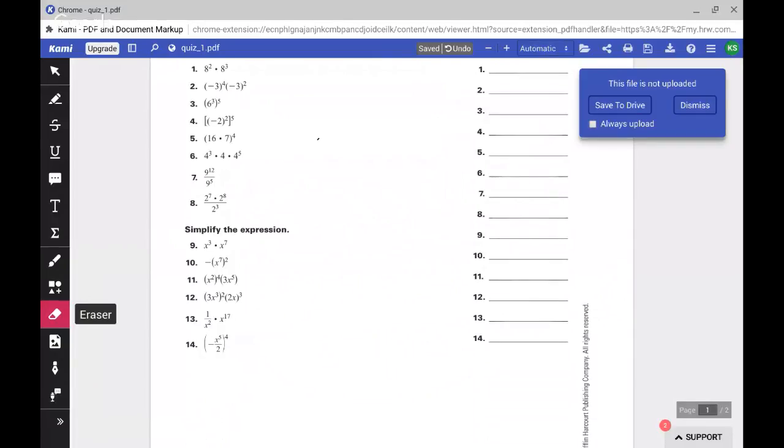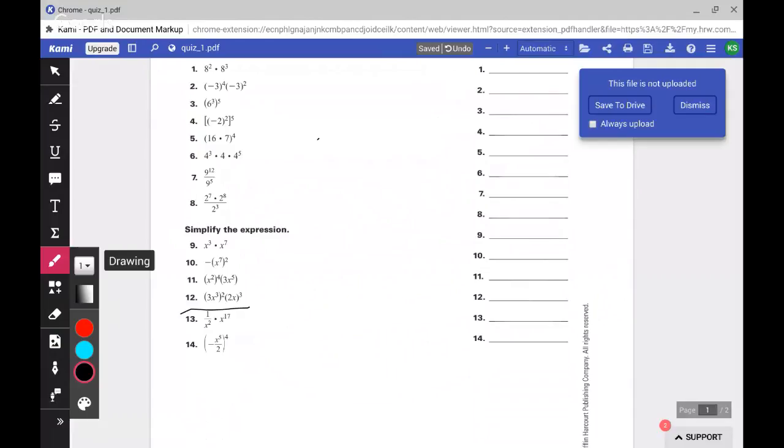Number 12. You need to make sure that you apply that squared to everything inside, because technically this right here is 3 times x cubed, all raised to the second power. So do you see how these two are kind of similar?